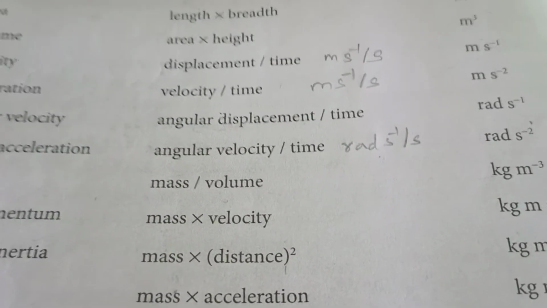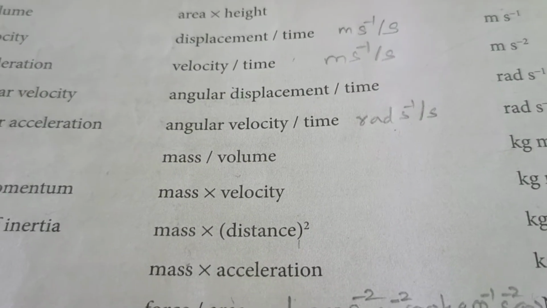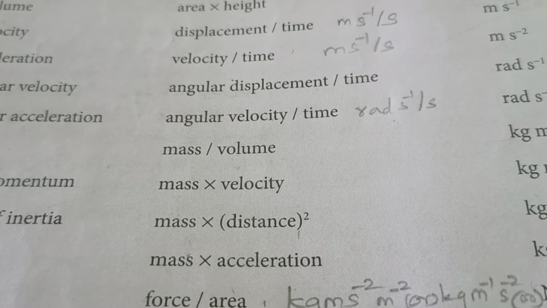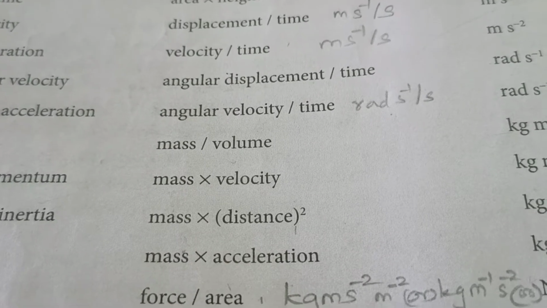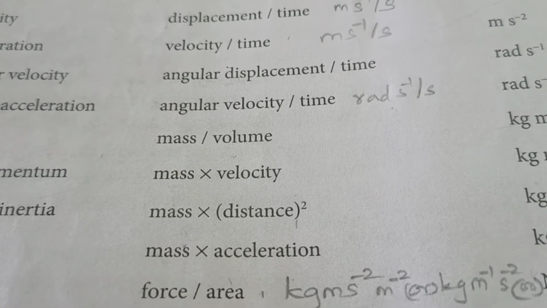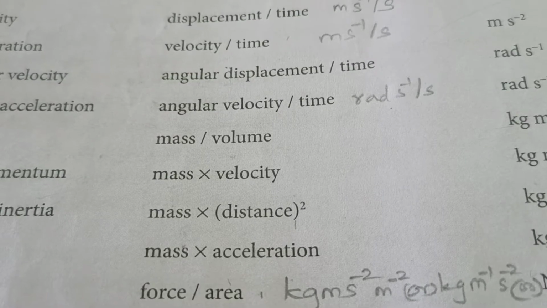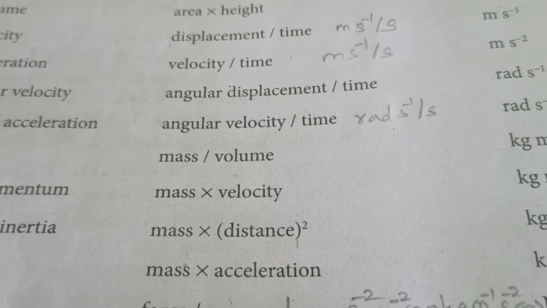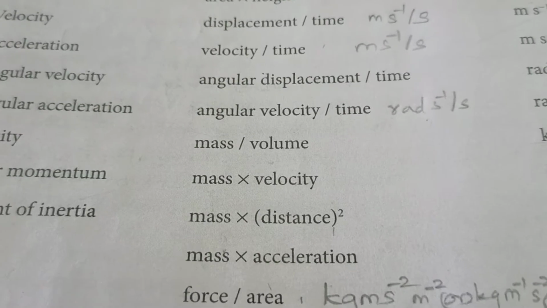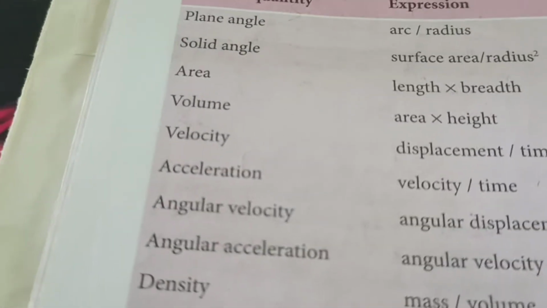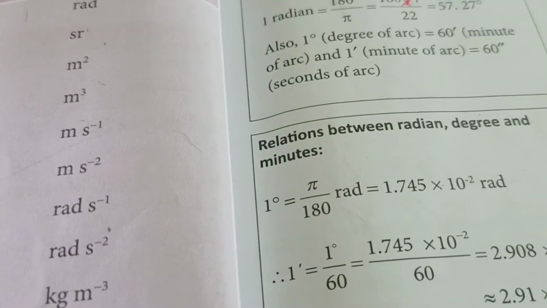Area: length into breadth, meter squared. Velocity: displacement by time. Displacement you measure in length, so that is meter. So meter second power minus 1.